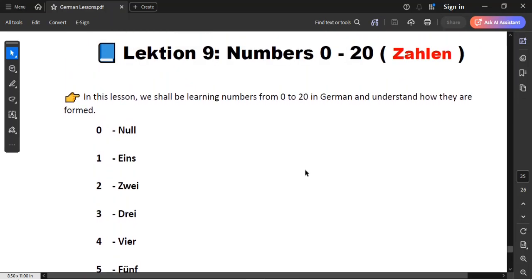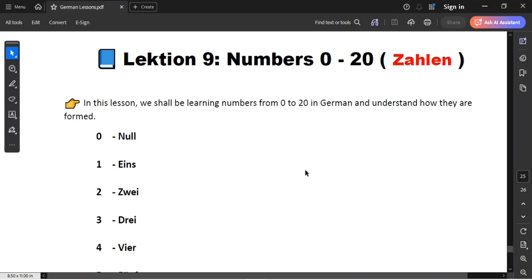It will also be easy for you to tackle hours. Today marks the foundation, part 1 of numbers, whereby we have been looking at numbers from 0 all the way to 20. In the next lesson we shall be looking at numbers from 20 all the way to 100. Then in another lesson we shall look at 100 plus up to Milliarde.